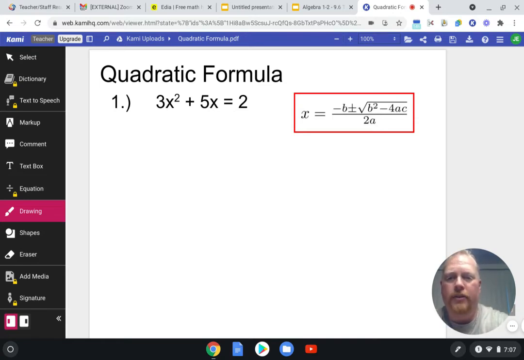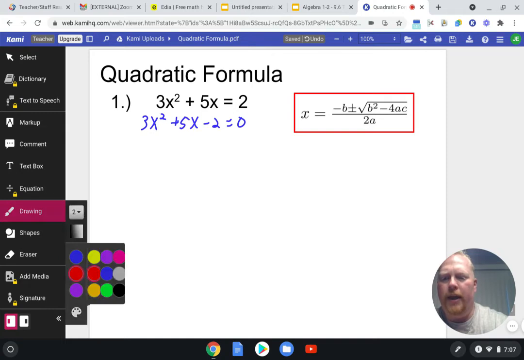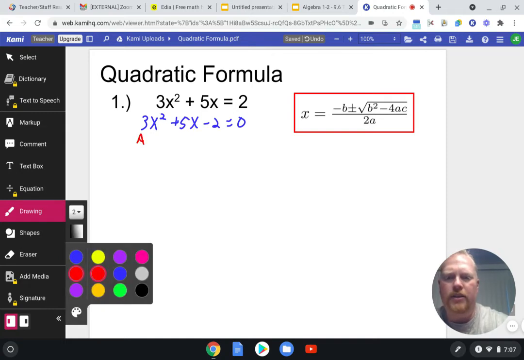So if I subtract the 2, I get 3x squared plus 5x minus 2 equals 0. So don't start using the quadratic formula until you get it in that format where everything's on one side, 0's on the other. So now I know that my a value is 3, my b value is 5, and my c value is negative 2.